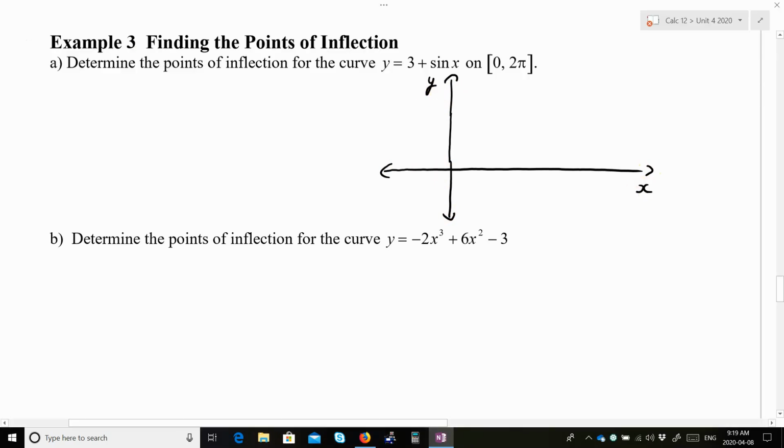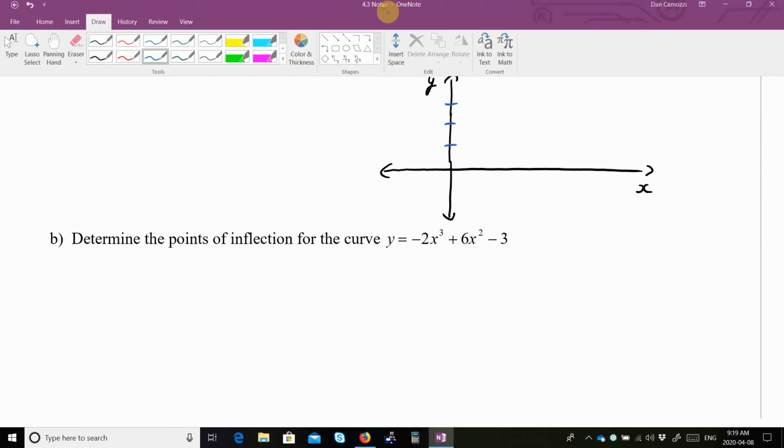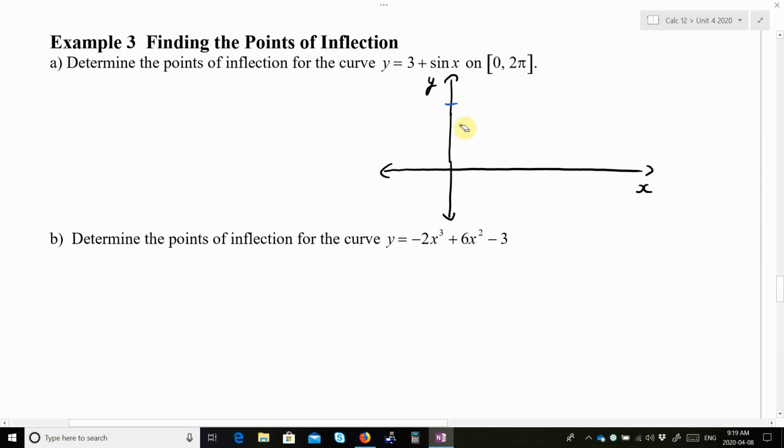Y equals 3 plus sine x is just a sine x graph that has been moved 3 up. Normally the sine x graph starts at 0, 0, so it's going to go 1, 2, 3. Okay, so this 3 plus sine x is going to start there.